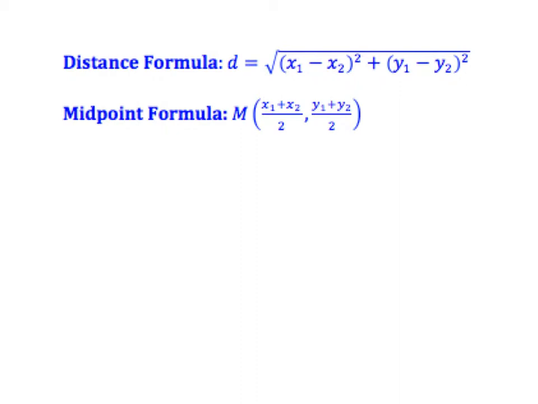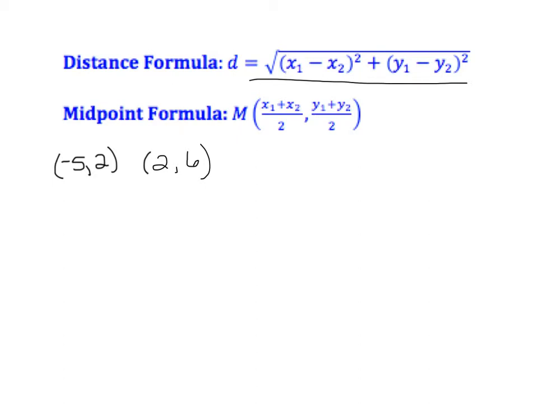This is what the distance formula looks like when we have coordinates. So on that last problem, the coordinates were (-5, 2) and (2, 6), right? Those are the coordinates of A and B. We can plug these values into this formula to determine the distance.